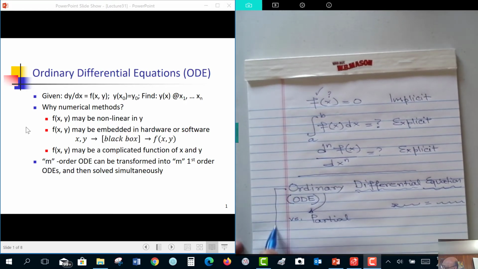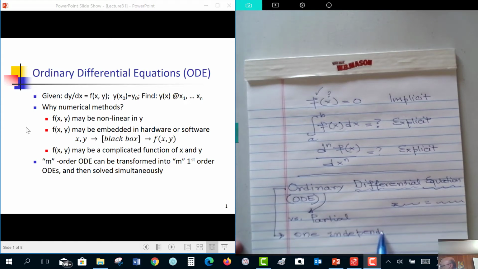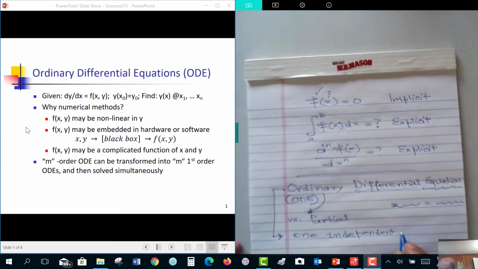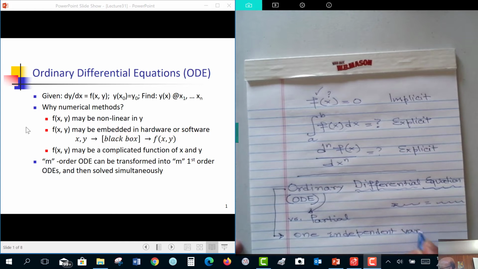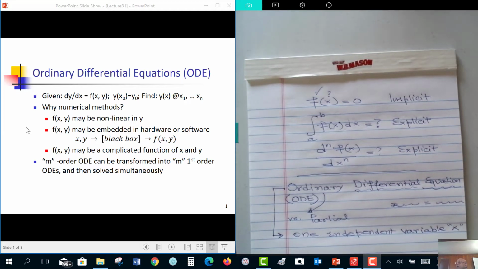Ordinary differential equation means that we have only one independent variable. Typically we choose that variable to be x, but it could be time, depending on the kind of problem you want to solve. So when we are taking derivatives, we are taking them with respect to x.